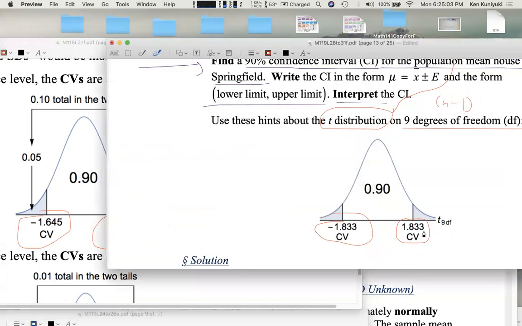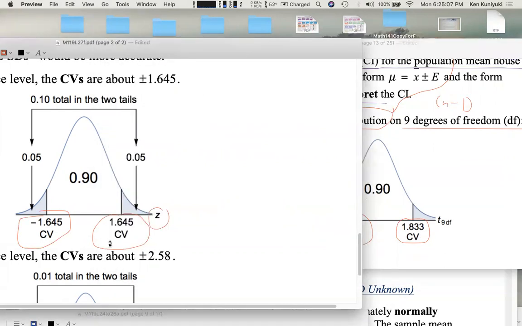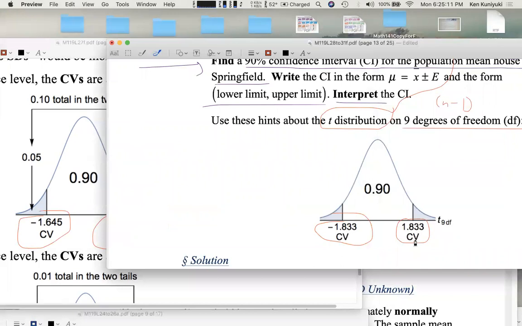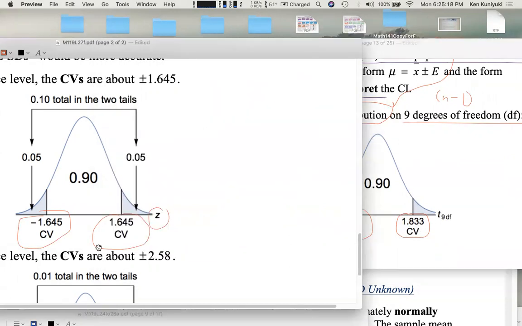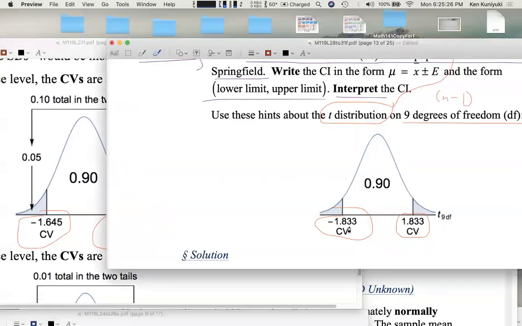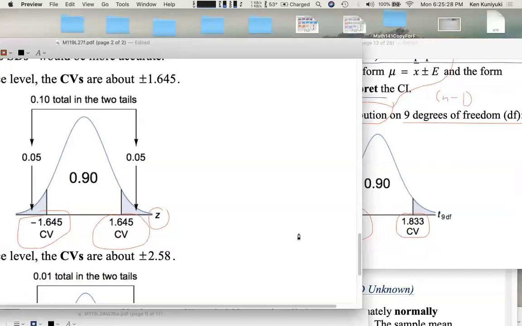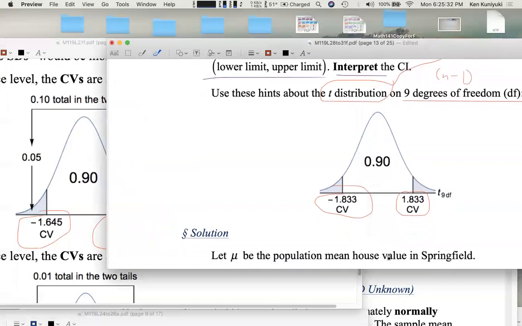Notice the critical value for this t distribution, 1.833, is a bit higher. In general, for the same confidence level, the positive critical value for a t distribution on any number of degrees of freedom would be higher than the z value, although as the degrees of freedom approach infinity, it gets closer to the 1.645 from z. Anyway, that was some theory.